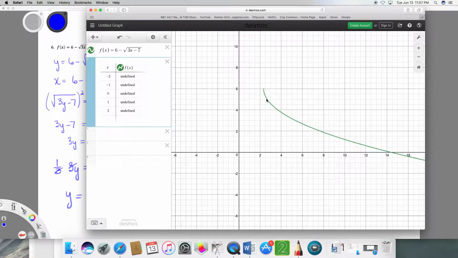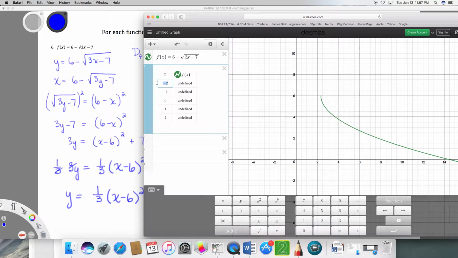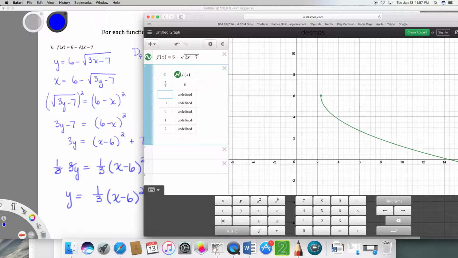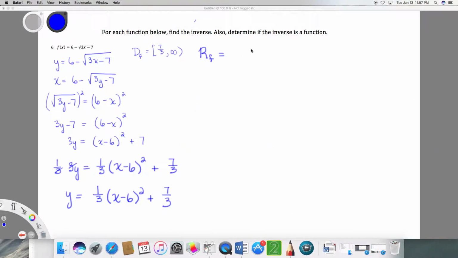At 7/3, yeah, 7/3 is giving me 0, which has a y coordinate of 6, and there is the point right there. So it's exactly as I suspected, that the range is from negative infinity all the way to positive 6.